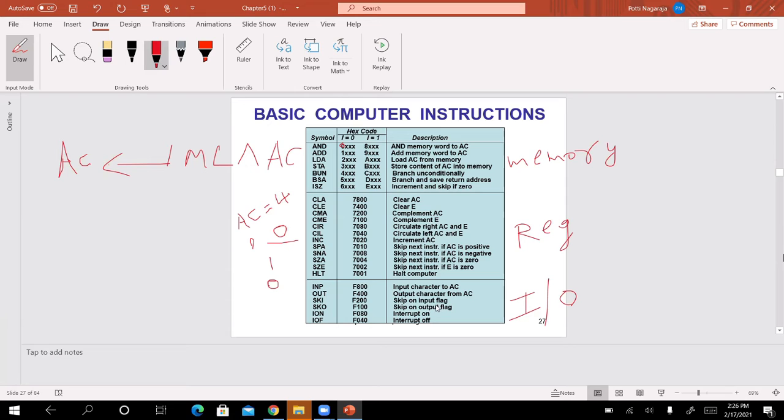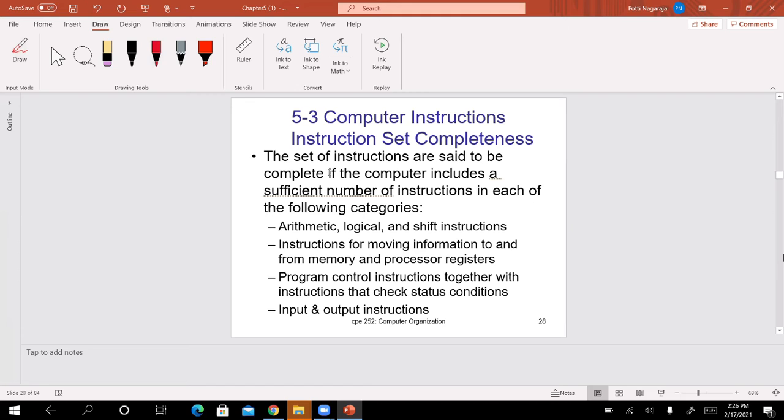When that input flag is 1, then you have to skip. These instructions will be explained with an example, then you will understand. But here you just understand skip on input flag. It means when the input flag is some value, we have to skip at that time. But those instructions will be seen later.